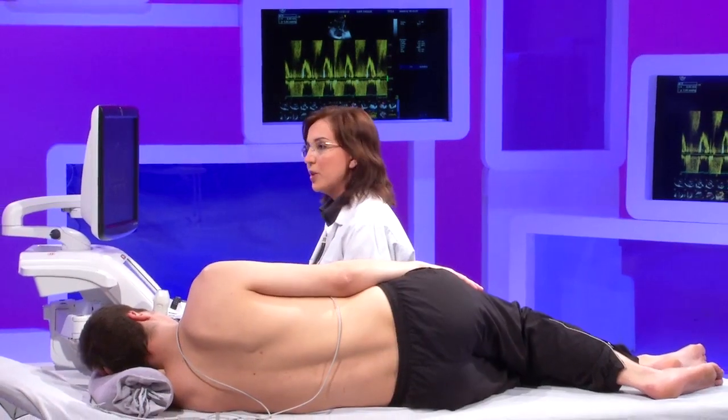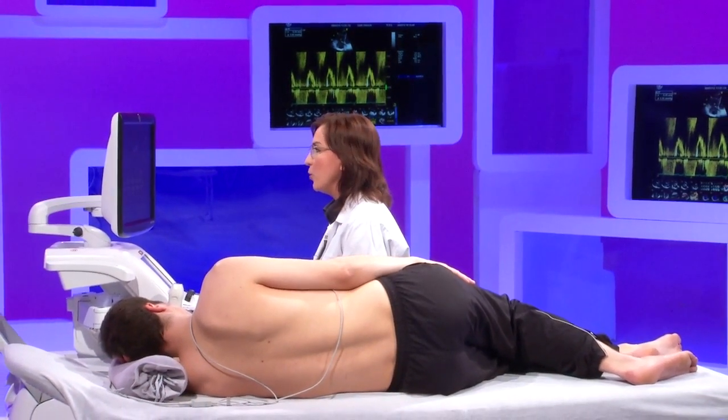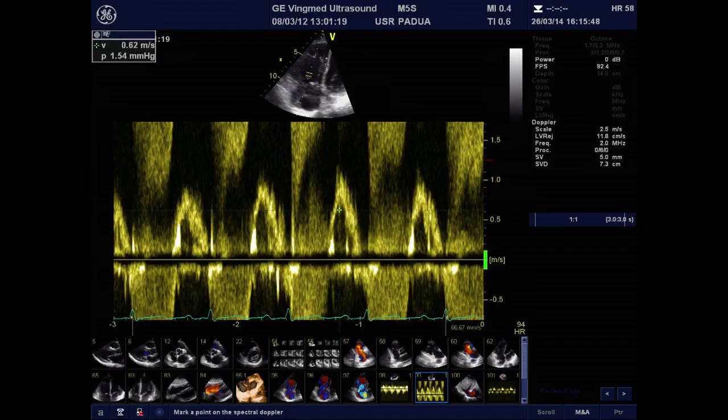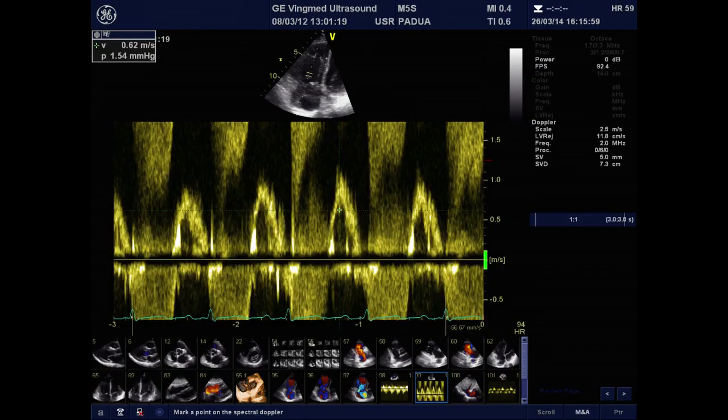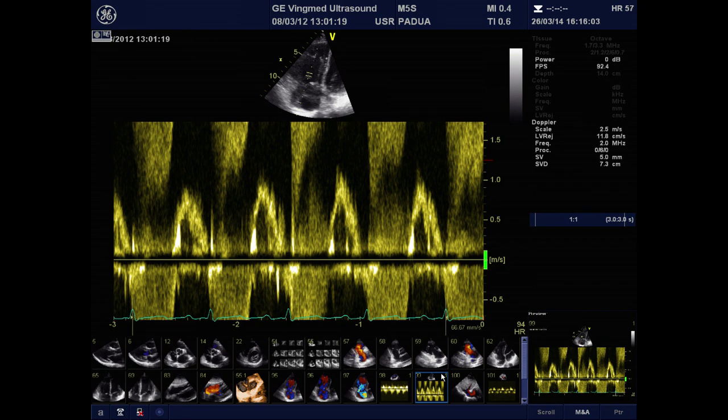Other situations in which the velocity of the E wave cannot be used to orient the severity of the tricuspid regurgitation are, for instance, in patients who have had annuloplasties or have a tricuspid stenosis. In that case, the acceleration in early diastole is not only related to the regurgitation severity itself.